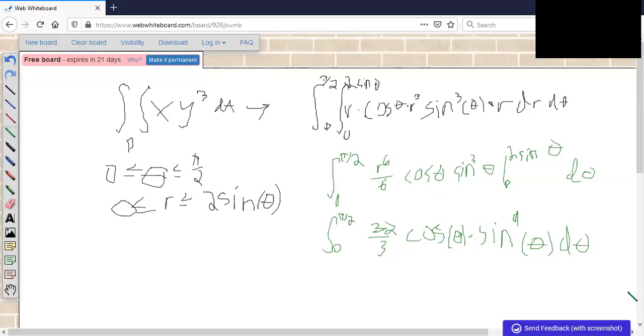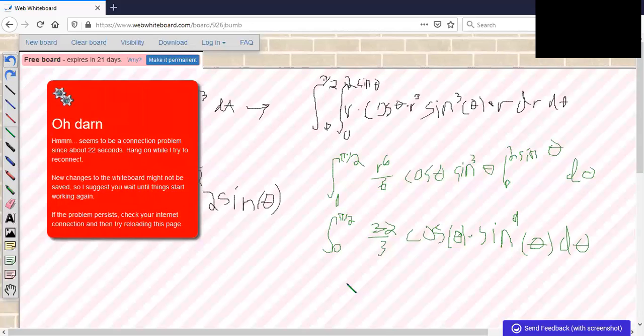And here, there's a pretty easy u substitution to be made of u equals sine of theta. So we're ultimately going to end up reaching 32 over 30 sine of theta to the 10th, evaluated from 0 to pi over 2.